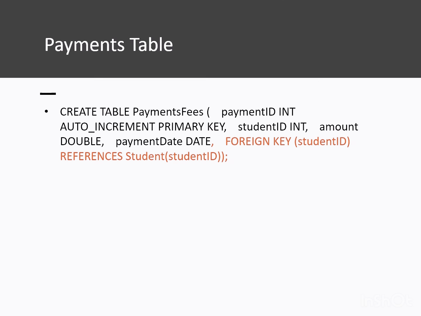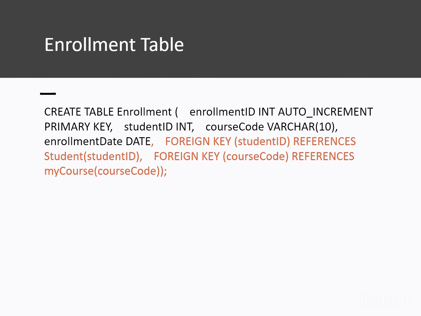The payment table, with payment ID, auto-incrementing and primary key, and also a foreign key, student ID, referencing the student table. The enrollment table, with enrollment ID auto-incrementing and foreign keys: student ID referencing the student table, and course code referencing the course table.